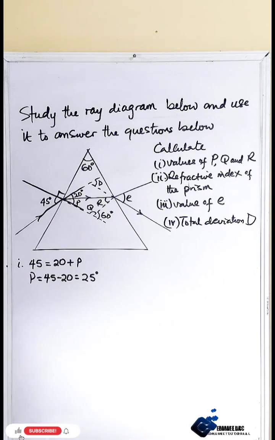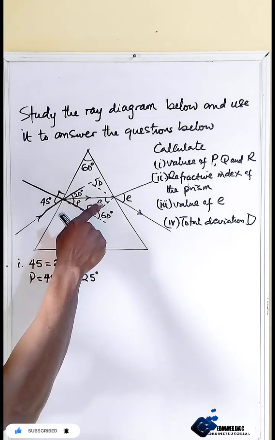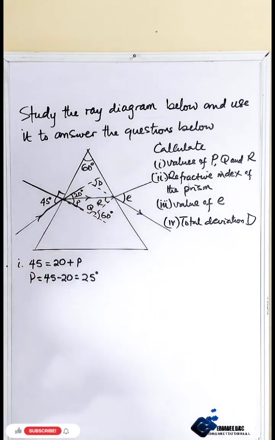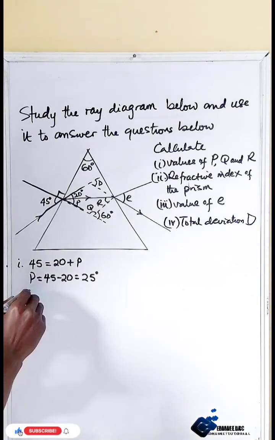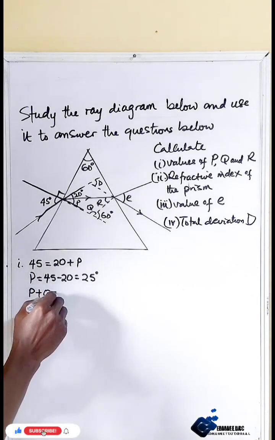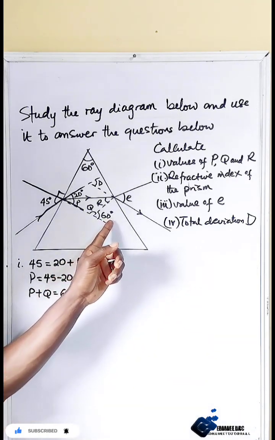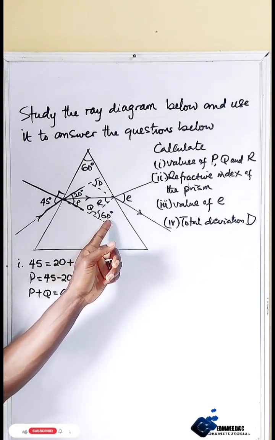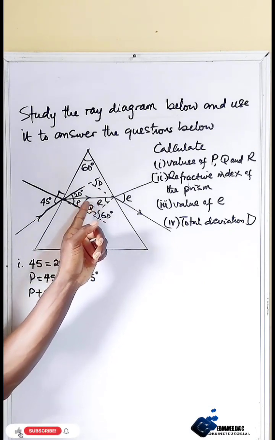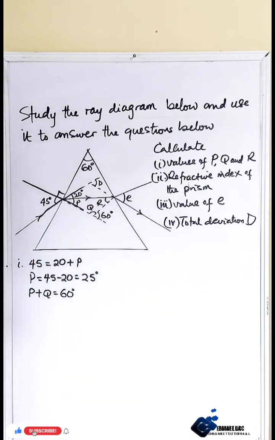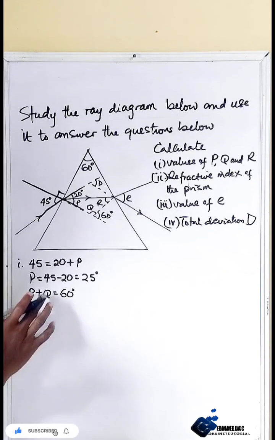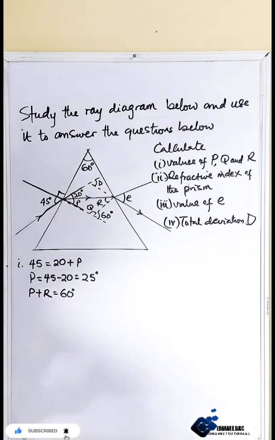Okay, and now for us to find the value of R, let us take note that P plus R equals 60. That's because 60, which is an external angle, is equal to the sum of two interior opposite angles.